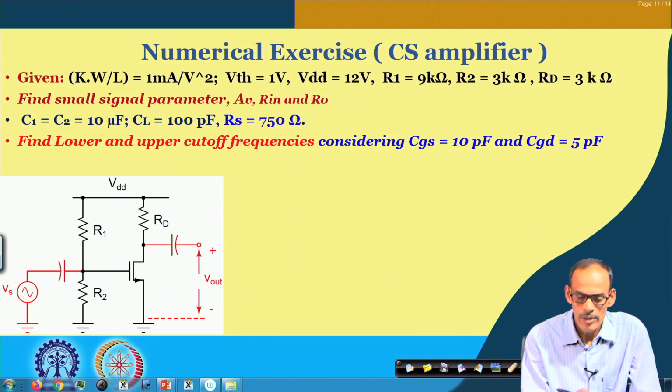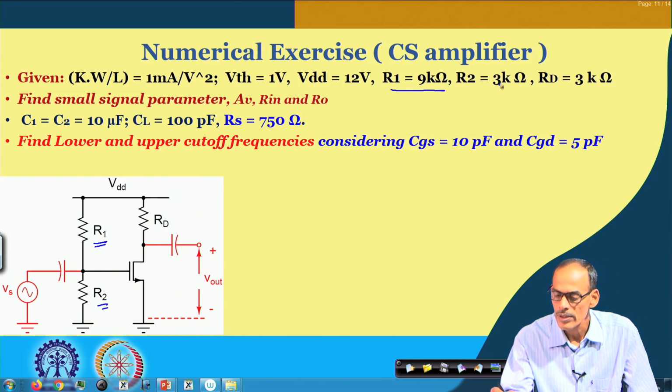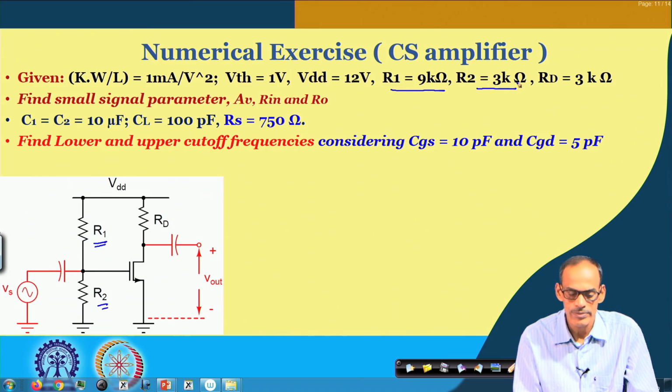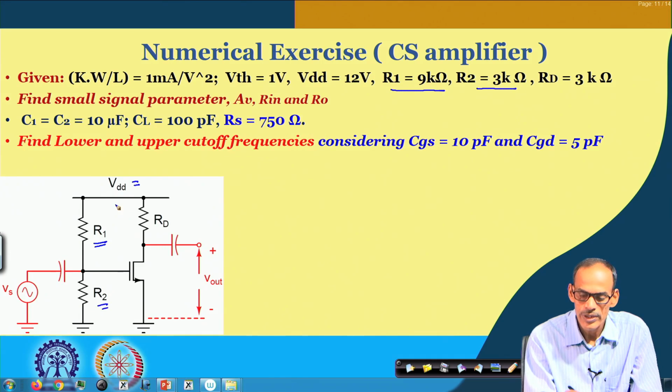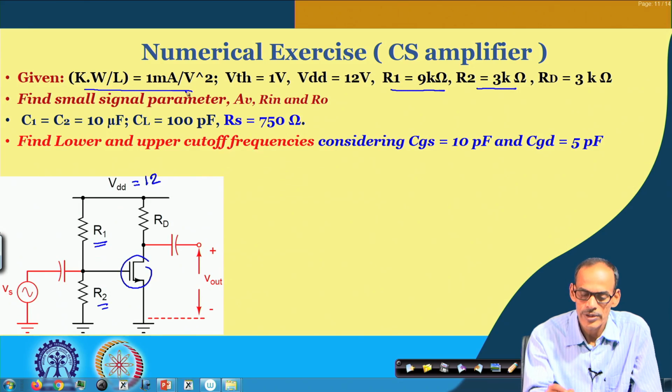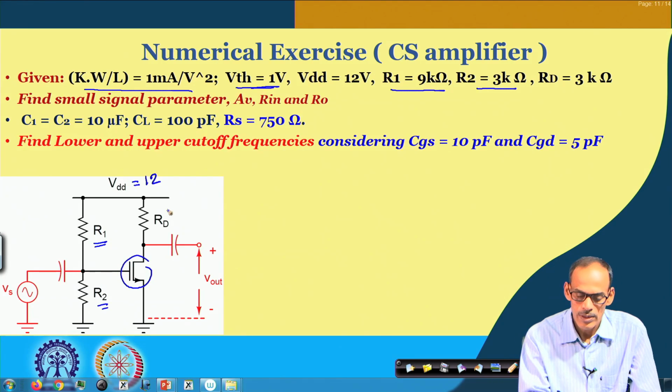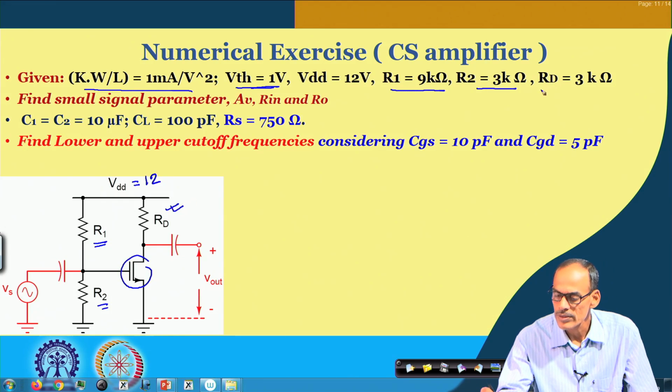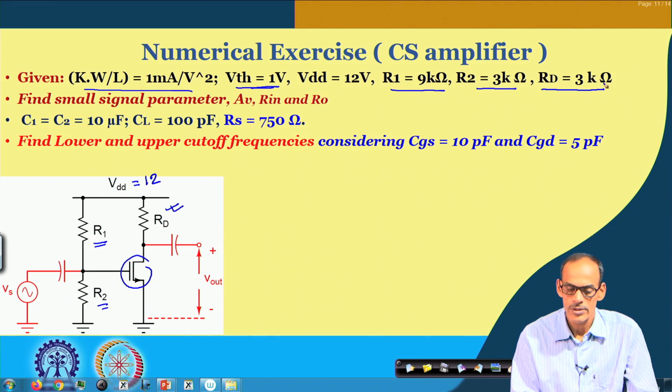So, here we have the values of different bias elements, namely R1 and R2 are given here, 9K and 3K respectively. We have the supply voltage 12 volt, and the device parameters are given here, namely transconductance factor is 1 milliampere per volt square, threshold voltage is 1 volt, and RD, the passive load, is 3K.